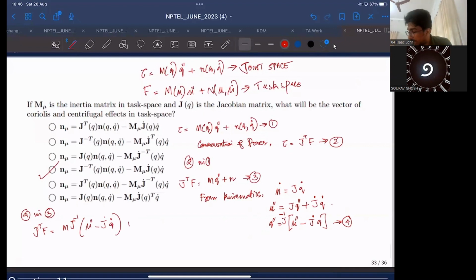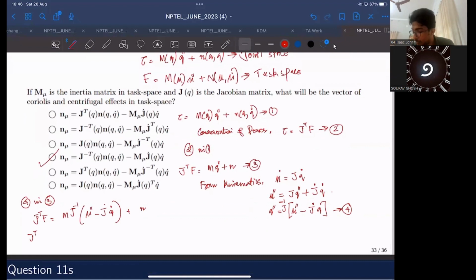Then we also have this N term. So simply by expanding, J transpose F would be M J inverse mu double dot minus M J inverse J dot Q dot plus N. Now I'm bringing this J transpose from LHS to RHS.